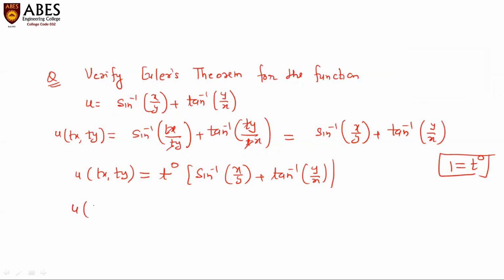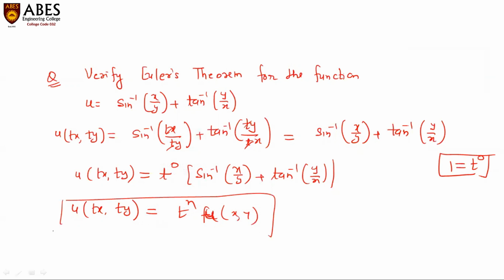And by the definition of homogeneous function, u(tx, ty) should be equal to t to the power n u(x, y). So we can see that here the value of n equal to 0.